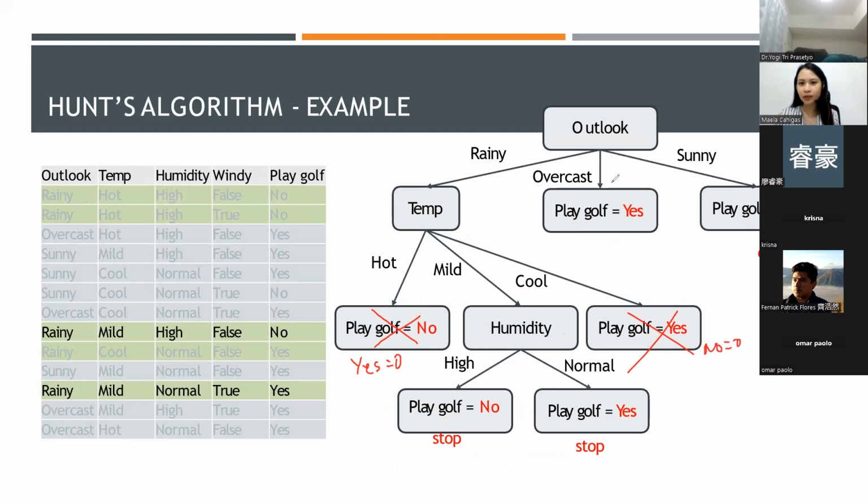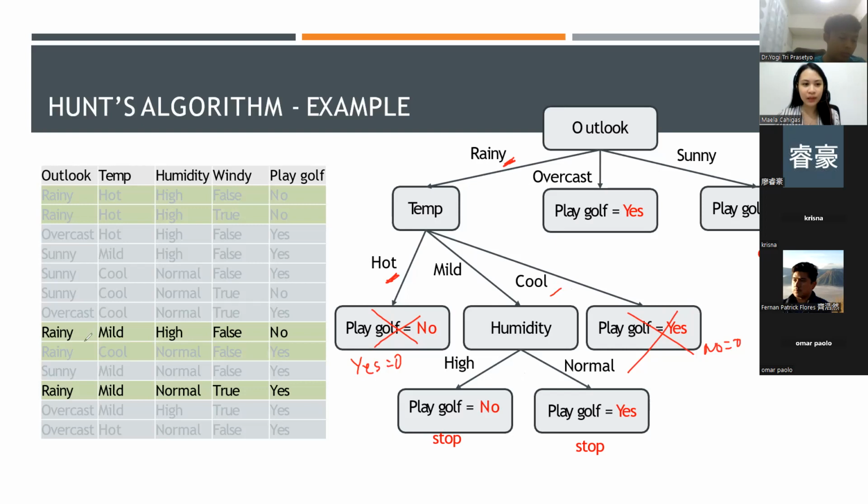So if we're going to interpret it, the baseball player would only play the ball if the weather is rainy and the weather is cool. And there is a high possibility for that player not to play any kinds of ball games that he wants if the weather is rainy and the weather is hot.